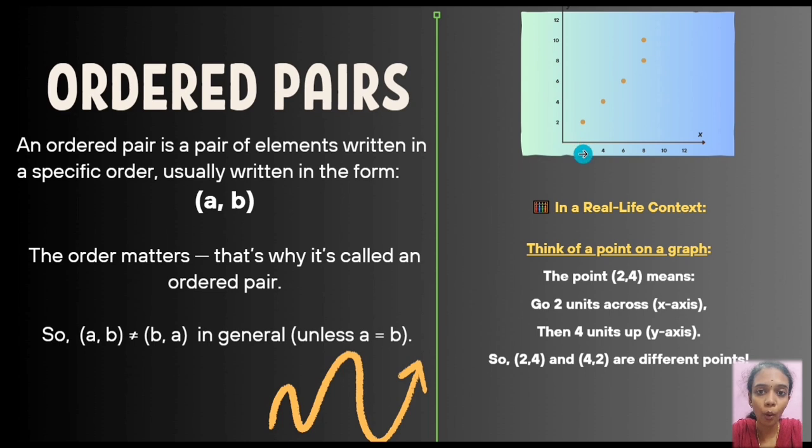If we plot 2 points 2, 4 and 4, 2, here 2, 4 and 4, 2 are not the same. They represent two different points on a graph. So it ends up in totally two different spots. So remember, A, B is not the same as B, A unless both numbers are equal, like 3, 3 or 2, 2. This is very important when we start graphing relations and functions.